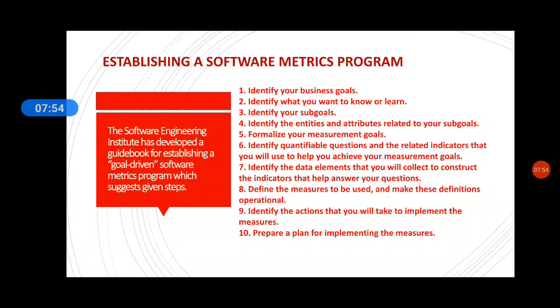In order to have the measurements and their implementation, we need to identify the actions where the implementation of measures has to take place. And the last step is to prepare a plan for implementing the measures. We need to have a proper plan in order to assess the measures during the software project.